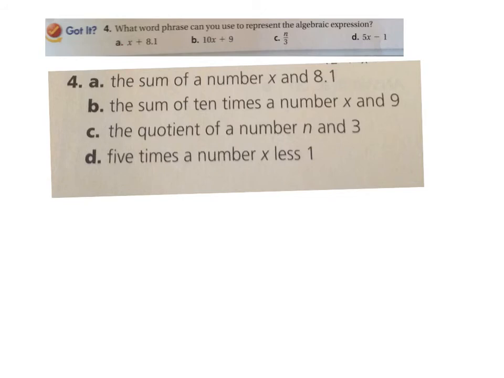Something like that might be kind of fun. I know you're thinking I'm a nerd. It's okay. This one, the quotient of a number n and 3. And finally, 5 times a number less 1. Or you could say the product of a number and 5 less 1, something like that, if you want to get kind of fancy there. The difference, right? That's another good word to use too.